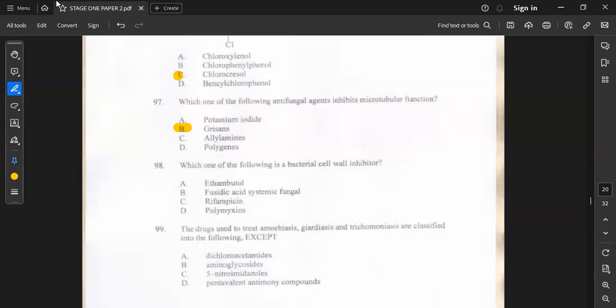Maybe side effects, safety in pregnancy, terbinafine. Anyone with that information? Terbinafine is a CYP inhibitor, so it can form drug-drug interactions with something like rifampin, which can decrease the blood level of terbinafine.